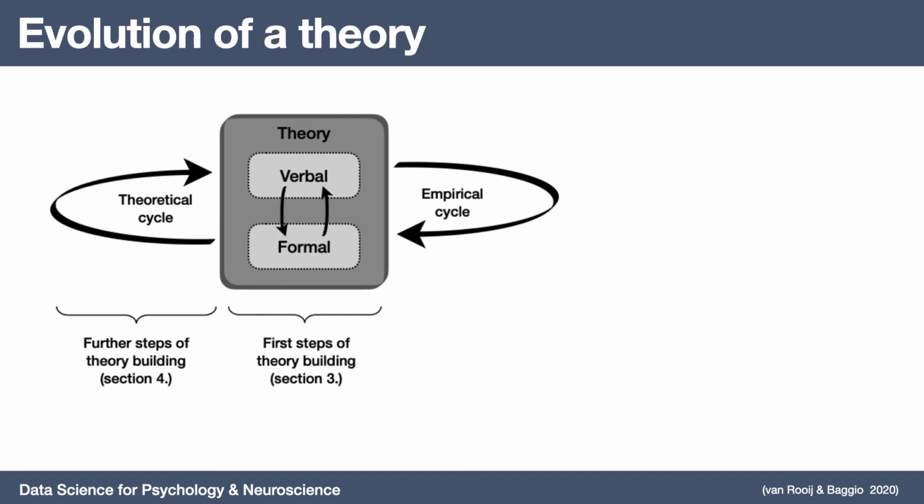Now, according to the authors, what you really want to do is start with an informal verbal theory to set your conceptual frame. They argue, actually, don't start with a quantitative theory yet, but set up a system of logic verbally that sets your conceptual frame.